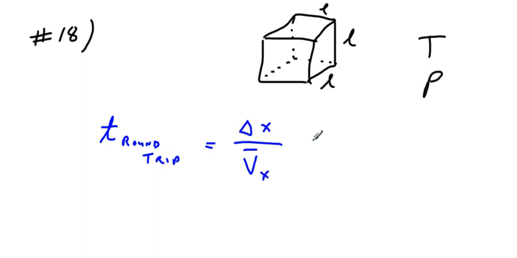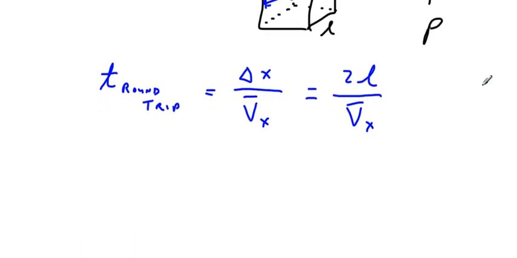That's going to be 2L divided by the average velocity in the x direction. So I'm going to go that way, this way, and I'm going to strike both times. Because we're in this chapter, we're obviously going to have to use PV equals nRT. That's a capital N, in case anybody's wondering.